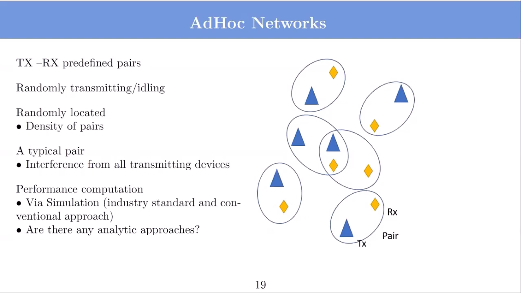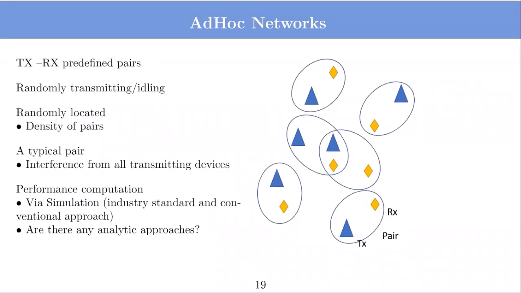And this ad hoc is coming because they are randomly transmitting and idling independent of the other transmitter receiver pairs. So suddenly they start transmitting, they transmit for some time, and then they can become idle. So at a particular point of time, some of these transmitters can be active.